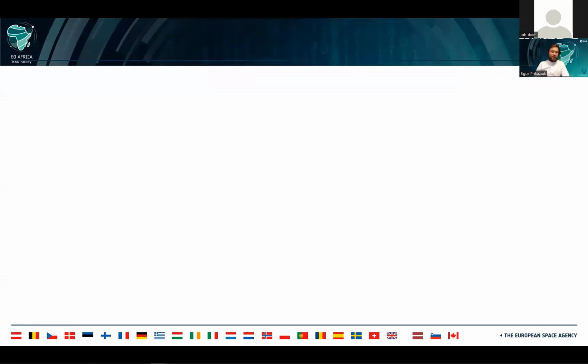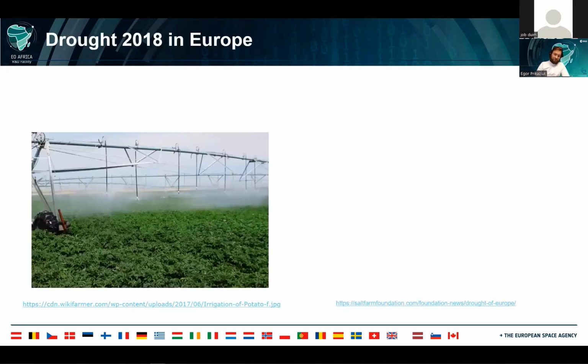In the year 2018, in my second year of PhD, I was conducting a field campaign in a potato field. And as a biologist, we measured green death of potato plants. And in June, everything was fine. We went to the field, the leaves were green and nice.